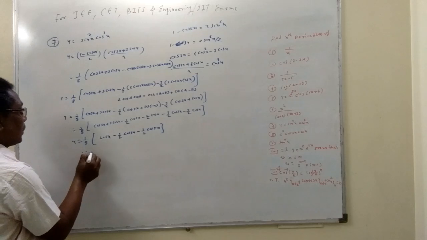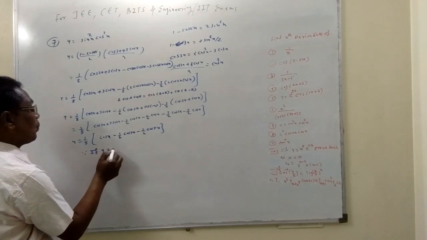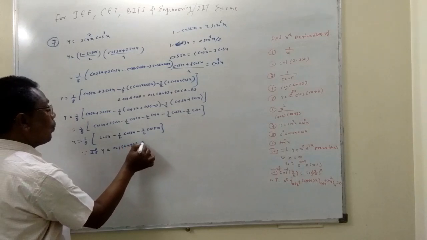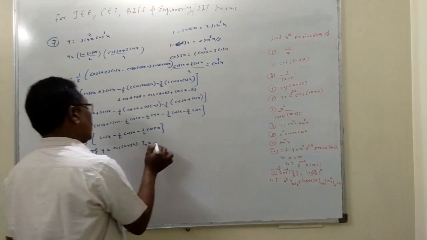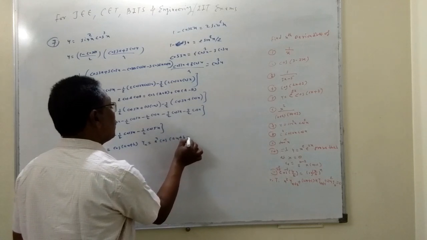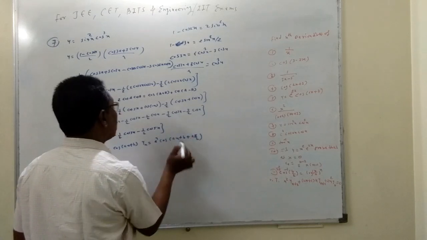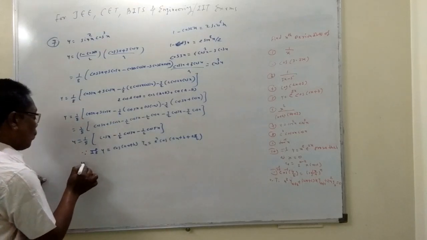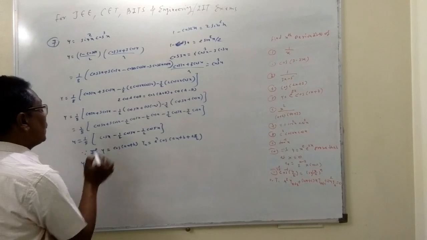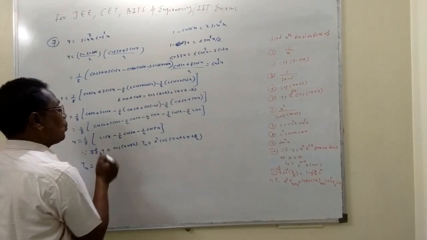So if y is equal to cos ax plus b, yn is equal to a raised to n cos ax plus b plus n pi by 2. So this formula is applicable here. So yn is equal to 1 upon 8 into bracket. Here a is equal to 1, 1 raised to n is 1.